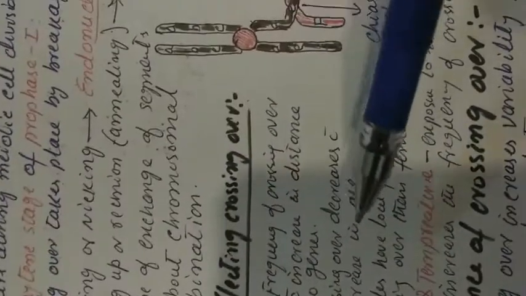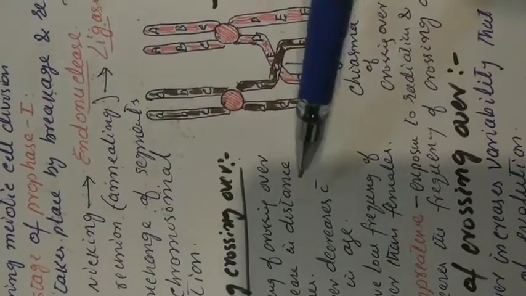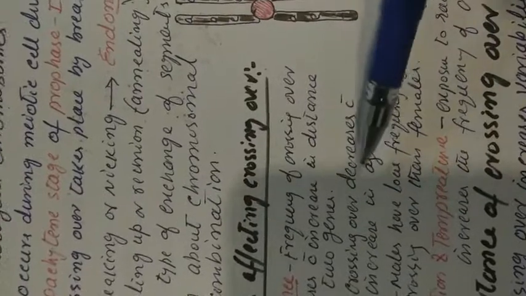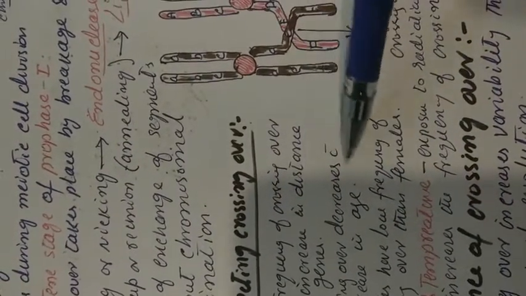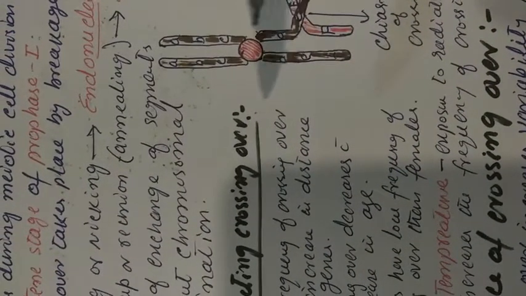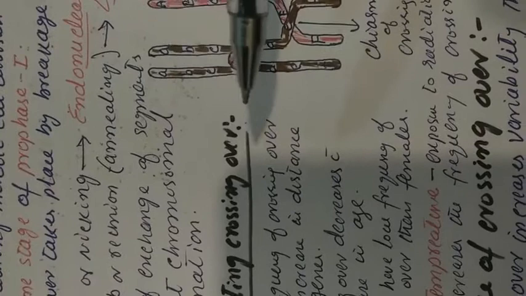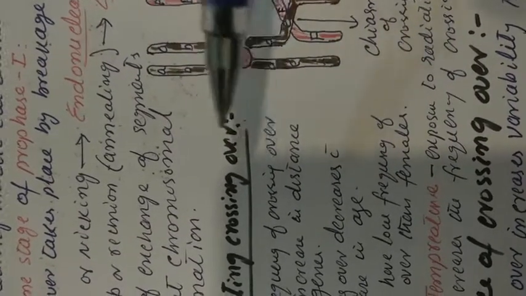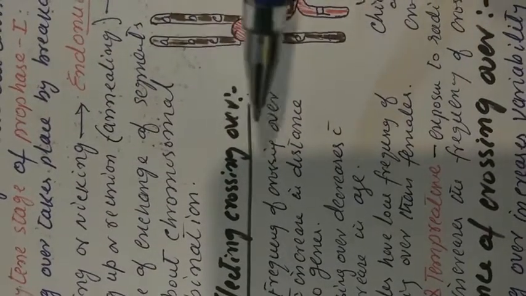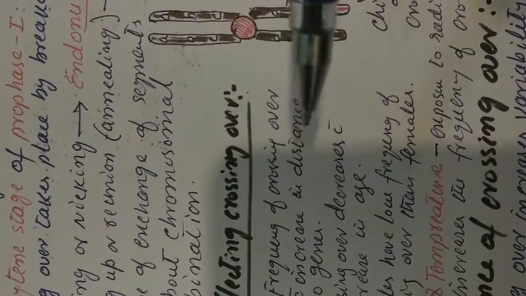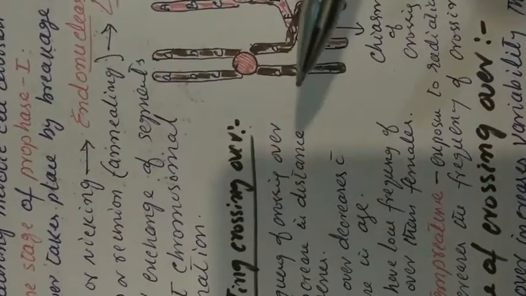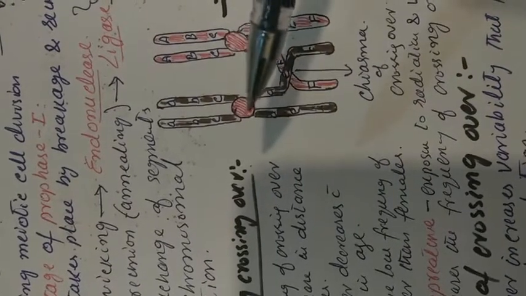Similarly, age is another factor which affects the crossing over. In fact, the frequency of crossing over decreases with the increase in age. Sex also plays an important role and is a factor that affects the crossing over, as is seen in various experiments done on Drosophila and rats, and it has been seen that males have lower frequency of crossing over than females.